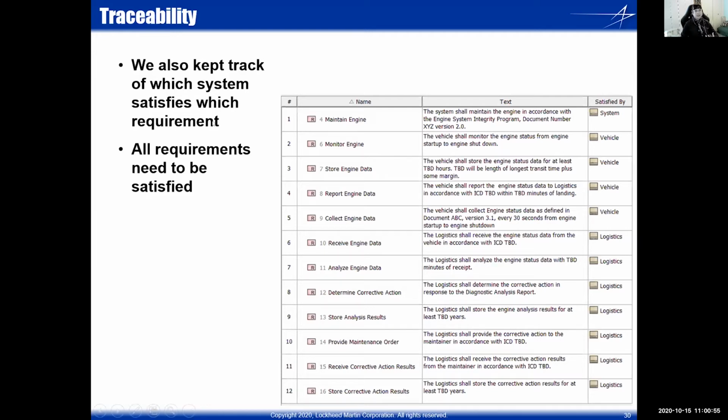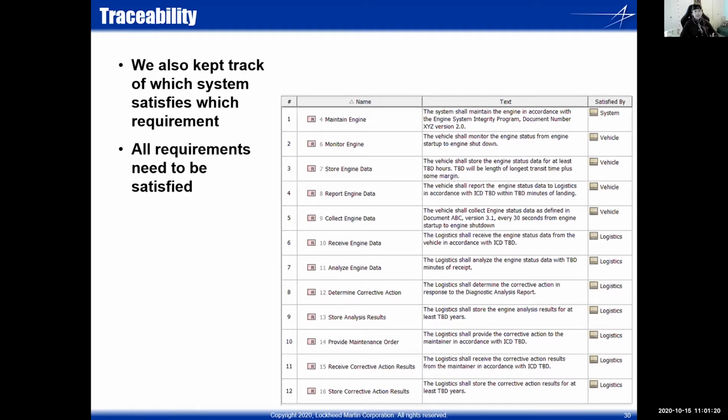And I can generate a table, because a lot of times our customers go, hey, how do I know you're really satisfying that requirement that you wrote? You could pull out the table. And the nice thing here is it's all integrated in this model. I didn't populate anything in this table. This is just a view of the data that I had already put in the other diagrams as I worked.